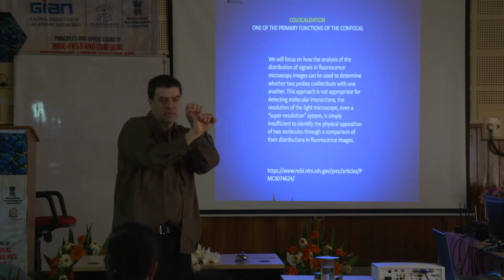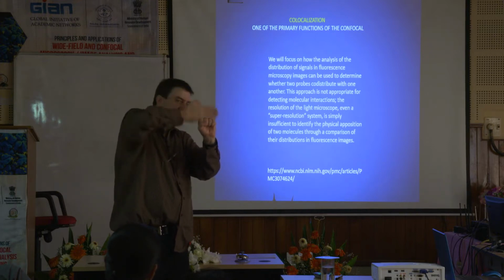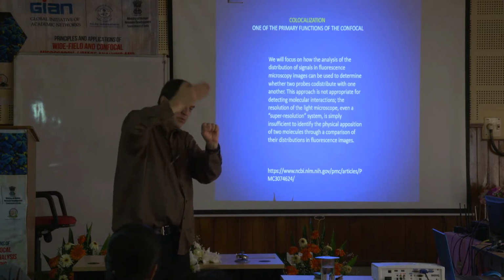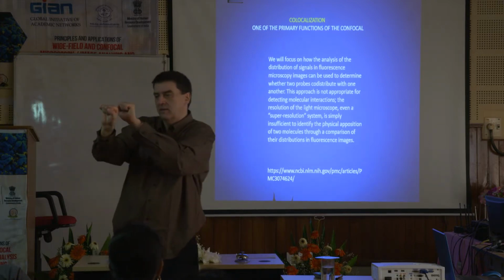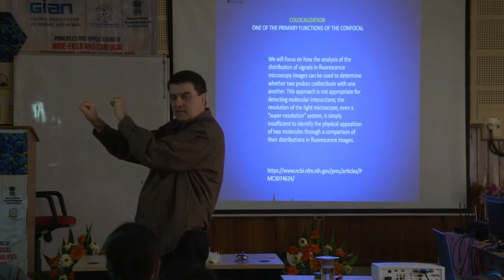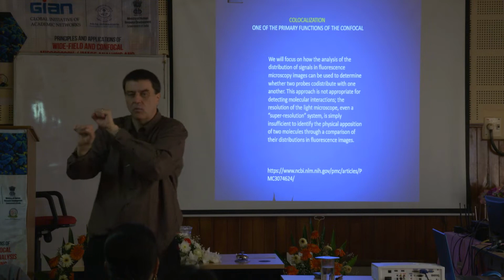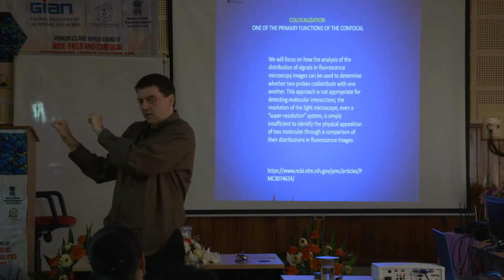So you would say they're co-localized. But by being able to cut this into 3 dimensions, into optical sections, if we look at it from the side, we realize that protein A and protein B are in different places. They are not co-localized. On a wide field, it would say yes, they are, but in reality, they are not.